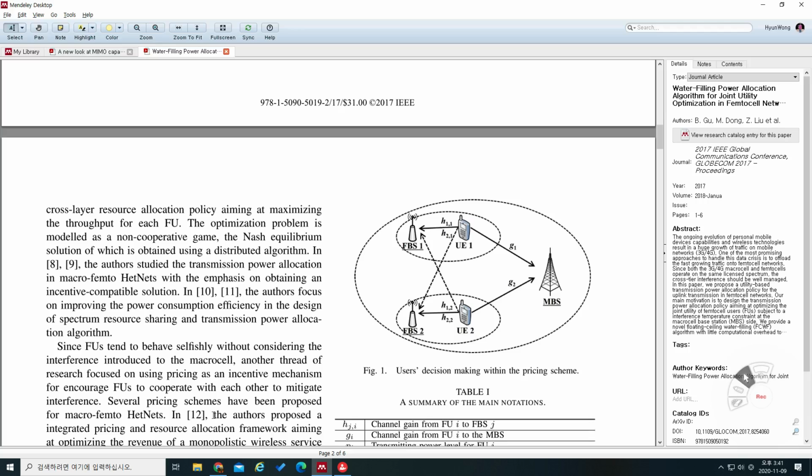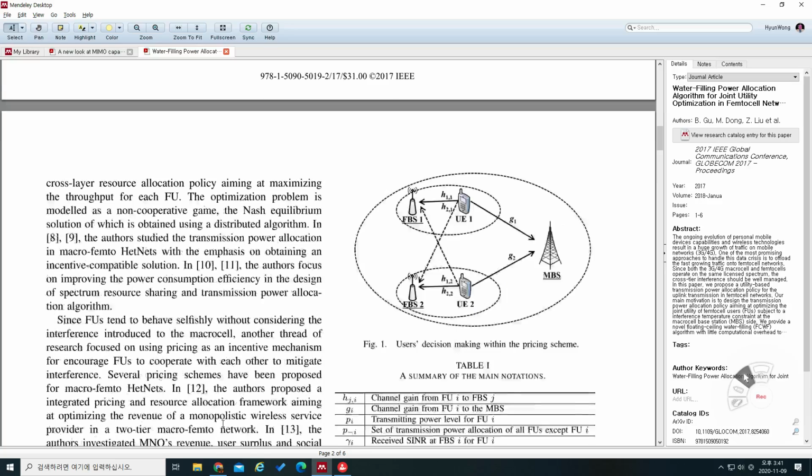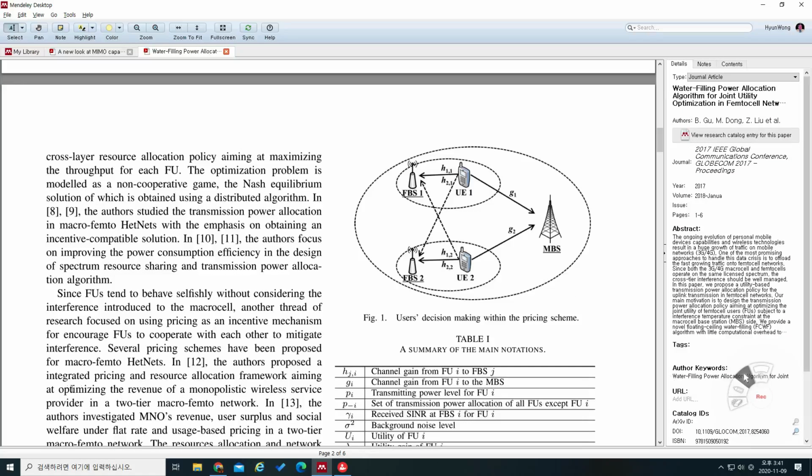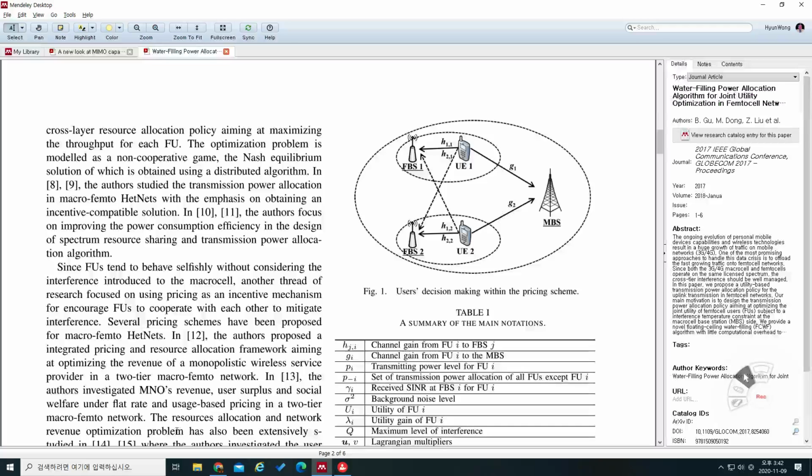In [12], the authors propose an integrated pricing and resource allocation framework aiming at optimizing the revenue of monopolistic wireless services provided in a two-tier macro-femto network. In [13], the authors investigated MNO's revenue, user surplus, and social welfare under flat-rate and usage-based pricing in a two-tier macro-femto network.